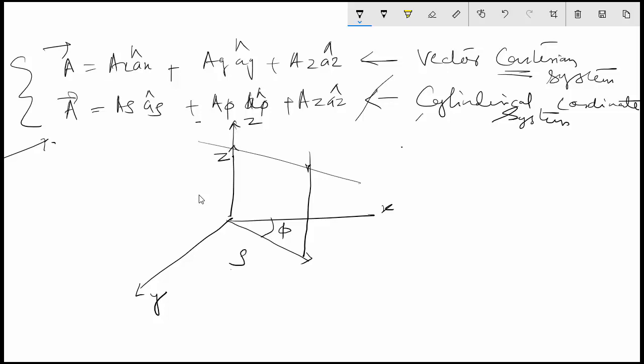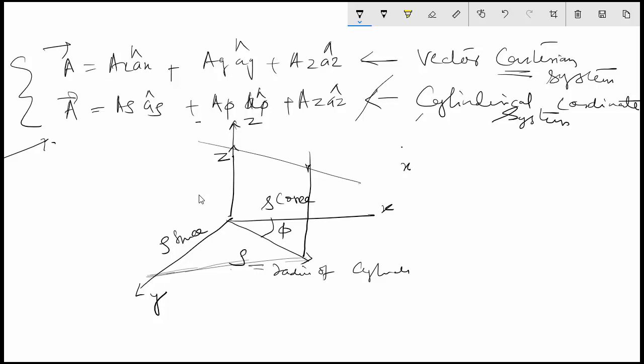So what you see is that this rho was the radius of your cylinder, and this was angle phi, which was in a plane. So this will make a rho sine phi on the y axis, and it will make a rho cos phi on your x axis.